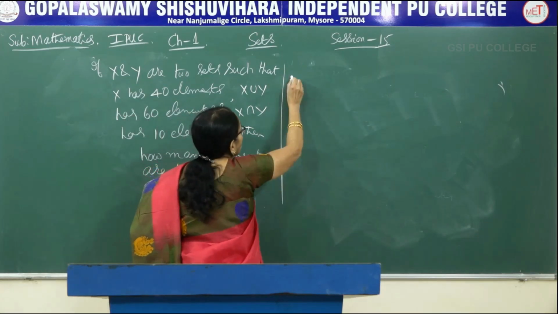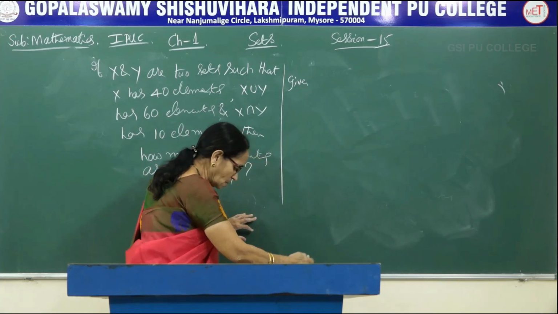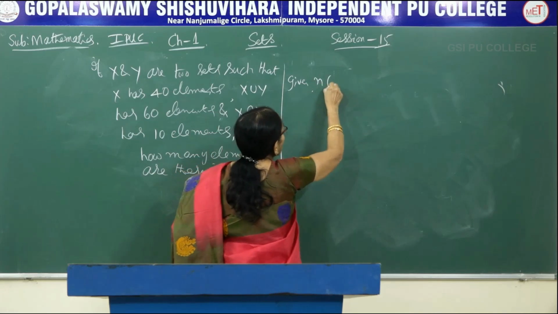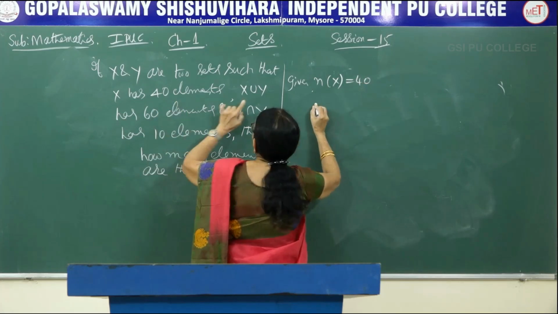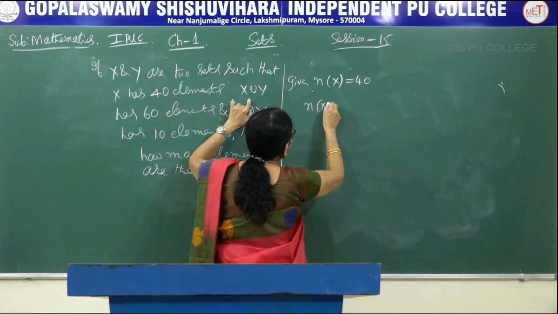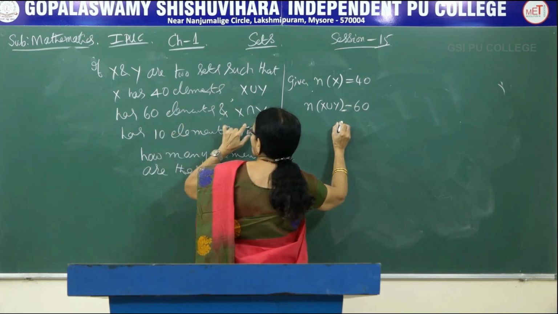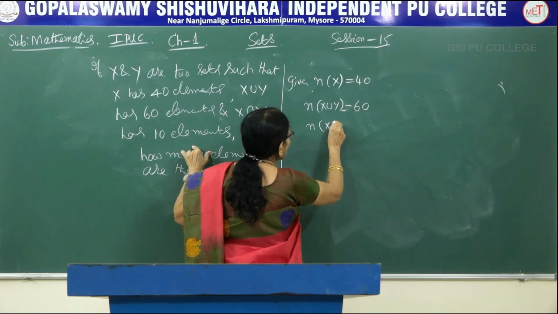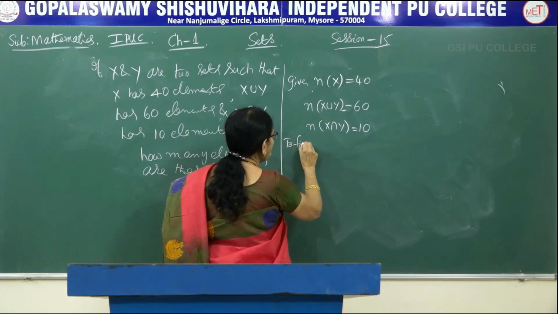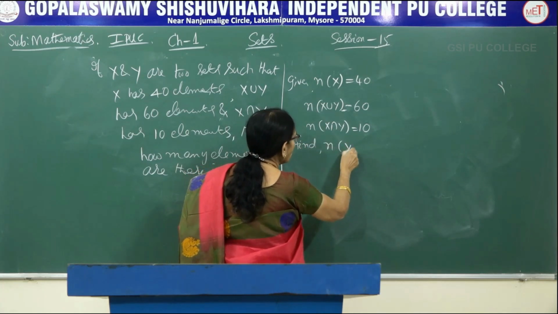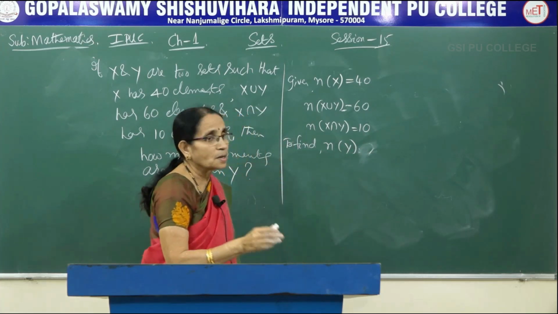First, let me write the given data. n of X: X has 40 elements. n of X union Y has 60 elements. n of X intersection Y has 10 elements. What has to be calculated? You have to find n of Y. That means, how many elements are in the second set?